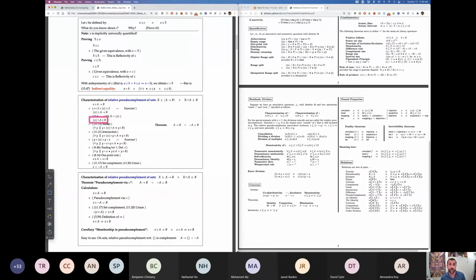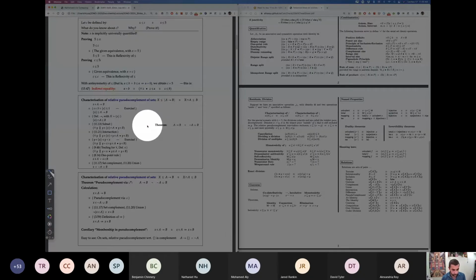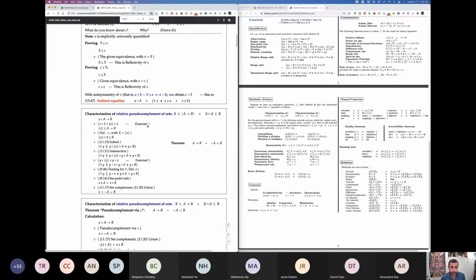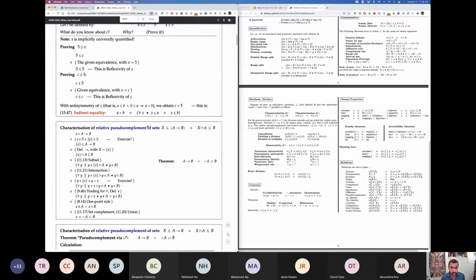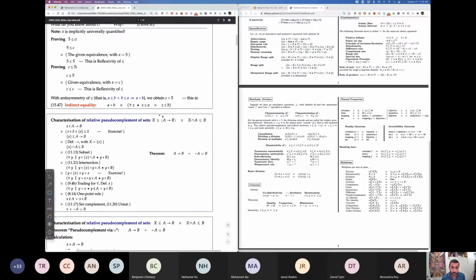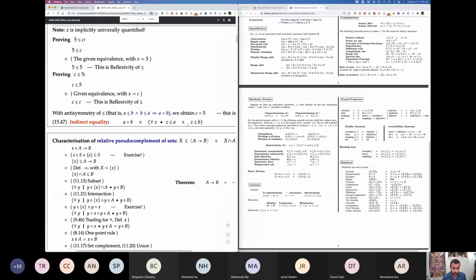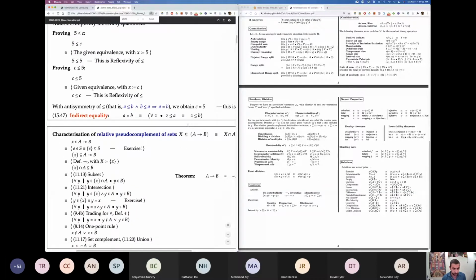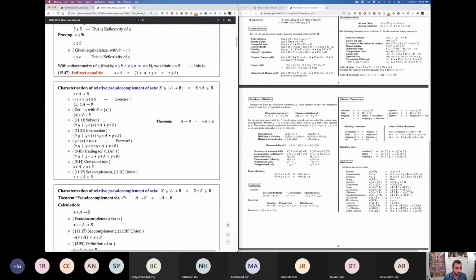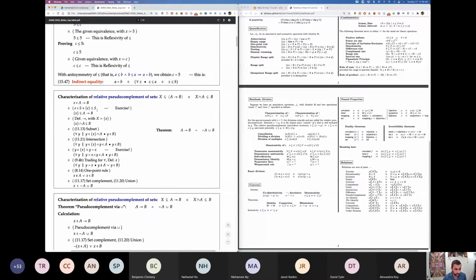Remember, whenever you meet something you don't know, try to bring it back to stuff you do know. The relative pseudo-complement introduces a new operation that we're not comfortable with, this division, but we're already comfortable with intersections and inclusions. So we change it to be something we're more comfortable with. That's the first thing we do here.